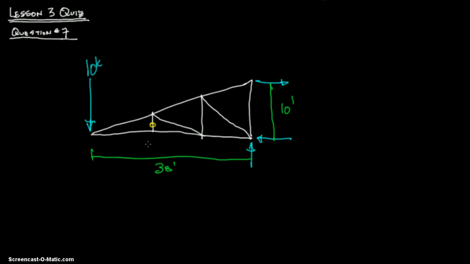Let's just go ahead and do an analysis. Actually, before we do that, let's take a look at these possible answers. It says all of the diagonals are in tension. Looking at it, that's plausible. Maybe. Who knows? The top chord is in tension and the bottom chord is in compression. And I will say yes to this.